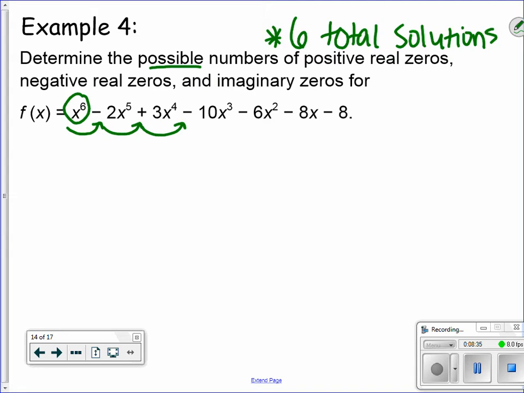So I'm making arrows. Now notice it goes from negative 10x to the 3rd minus 6x squared. So that didn't have a sign change, and the rest of them are all minuses or negatives from here. So technically we had 1, 2, 3 sign changes. So what I want you to do, there are 3 sign changes.